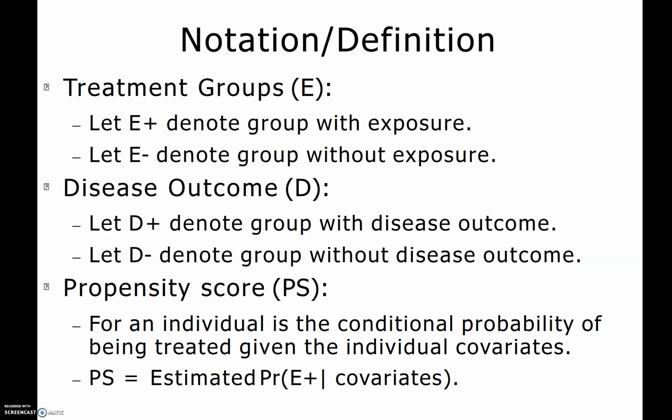Perhaps I know that the schools that are in a certain area of town are getting the new curriculum. Perhaps I know that students with certain characteristics or certain backgrounds are getting the new curriculum. So all those pieces of information that I know are associated with getting the new curriculum would go in as my covariates in that estimation of that conditional probability.